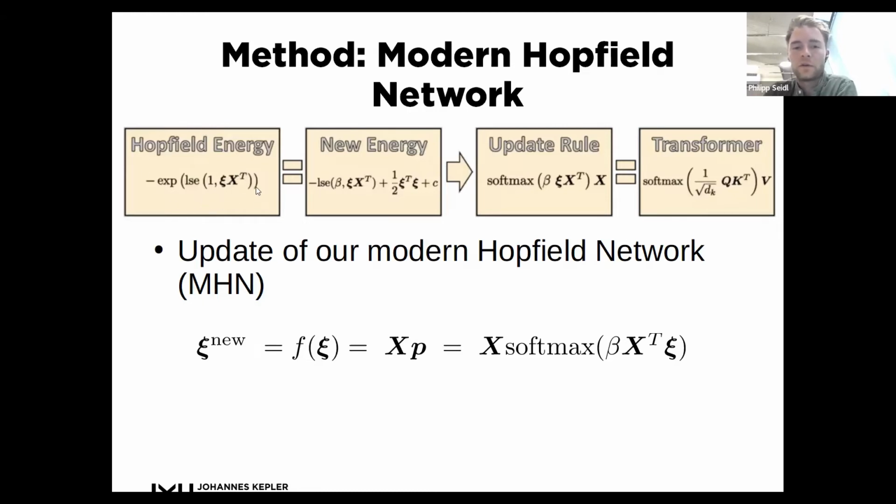Back then this was binary, but it has since been extended to work also for continuous cases. And if you use this continuous case, and also derive this new energy function for the Modern Hopfield network and the update rule that corresponds to it, then this formula derived from the new energy is surprisingly similar to the attention in transformers, which is really striking.